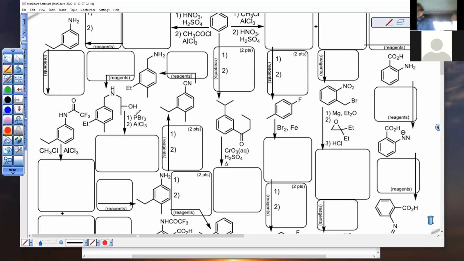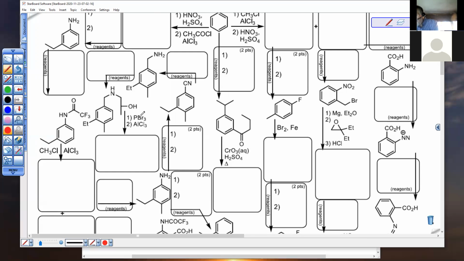Oh, so PBr3 will convert this to a bromine, which makes that a secondary carbon with a leaving group. We're setting up for a Friedel-Crafts alkylation. We didn't call it Friedel-Crafts. It's just alkylation with a secondary carbon group with a leaving group, right?